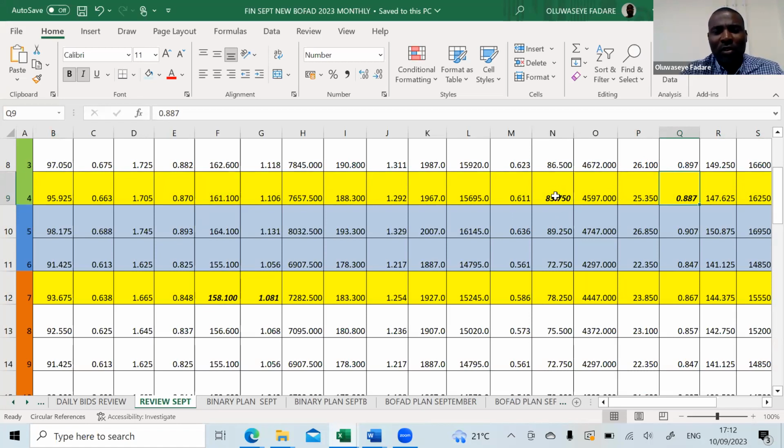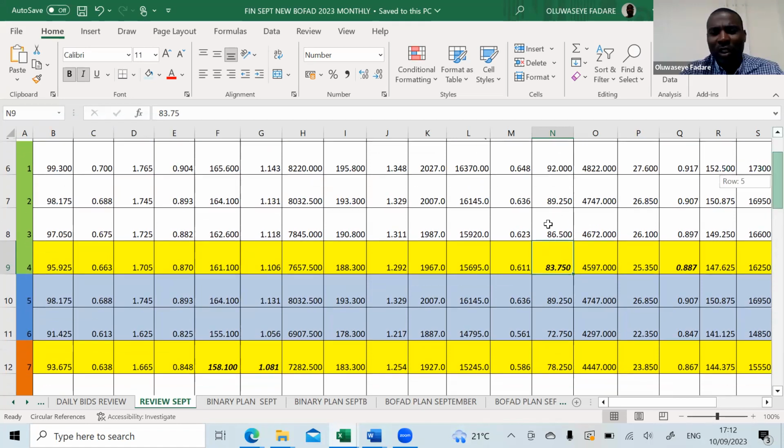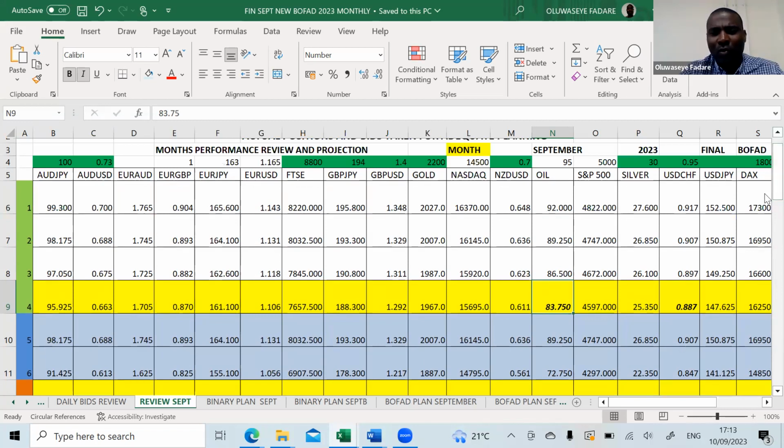So now what this means, for example, let's look at this product here. This is crude oil. Either the market continues this trend upwards or the market reverses downwards. That is what is likely. If it moves upwards, it may go as high as 92.